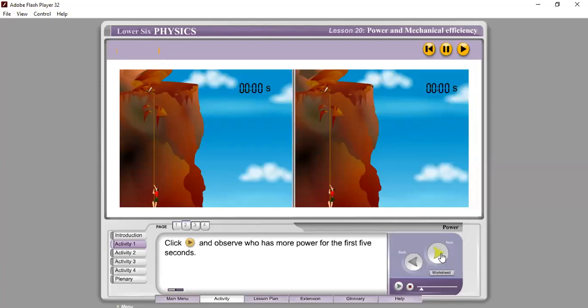Click the play button and observe who has more power for the first 5 seconds. For the first 5 seconds, this person has more power. It is obvious that this person has more average power.